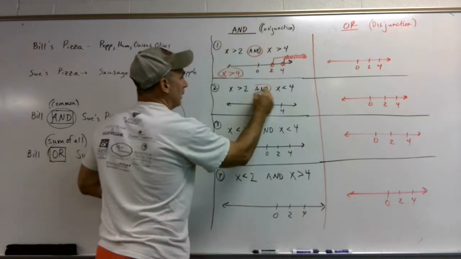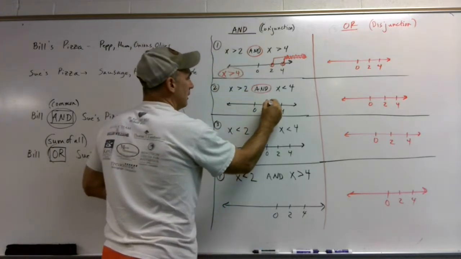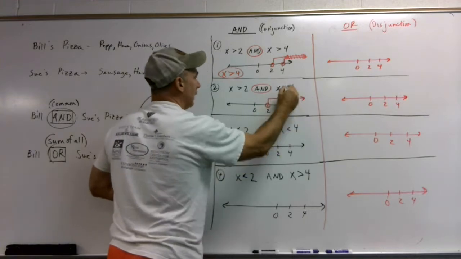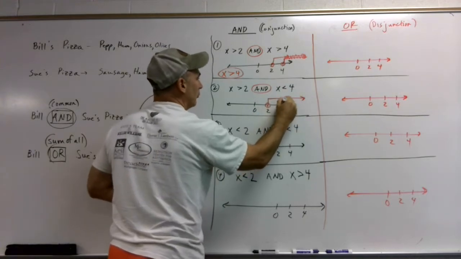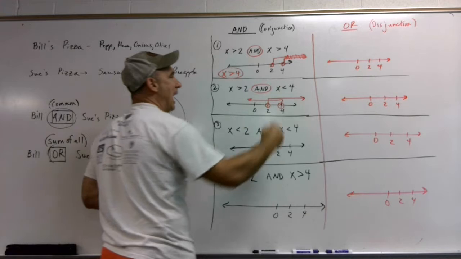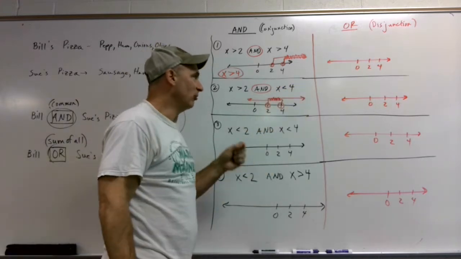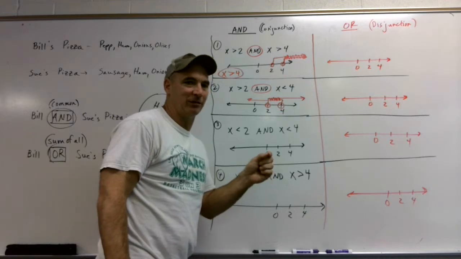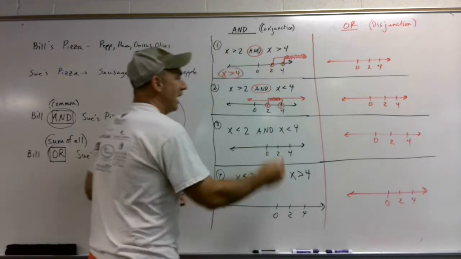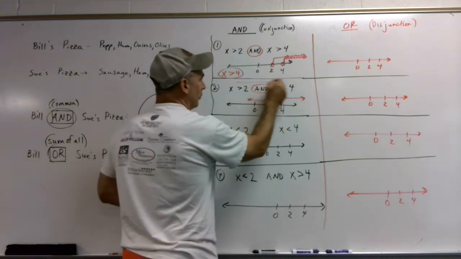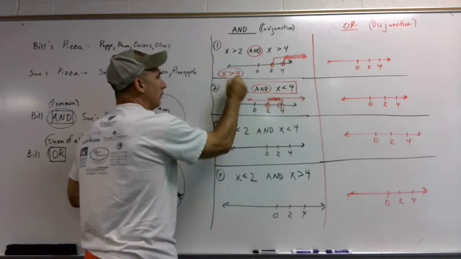So again, we got the word and. Same picture. X is greater than 2. X is less than 4. So where do they overlap? In here. Now this is very strange, but you need to listen to this. This is already a new idea. How do I answer that? Well, I could answer it by just stating the problem.